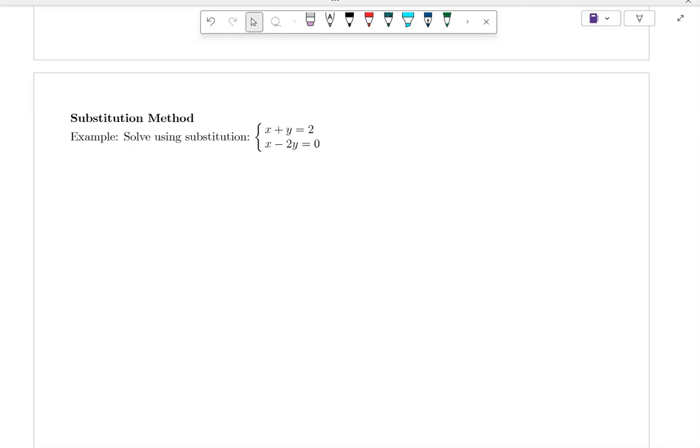And then we're going to back substitute it to find the opposite. Okay, so those are the 3 steps we're going to take. So for our first problem, step 1, we're going to solve for one variable. I'll write that down. And also we can solve either equation. It doesn't really matter which one.